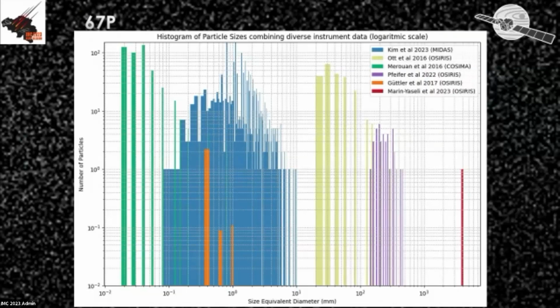But compiling certain papers and some data sets extracted from different instruments, I was able to make this logarithmic histogram of particle sizes versus the number of particles. And at first it's not very easy to interpret.